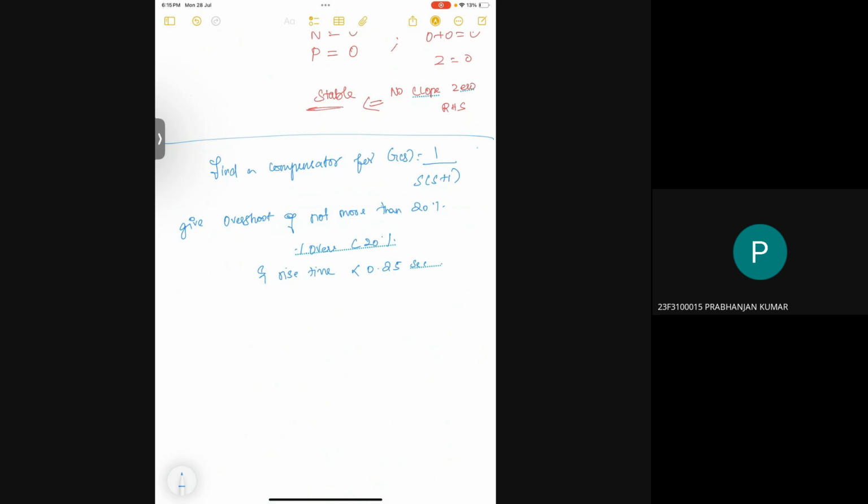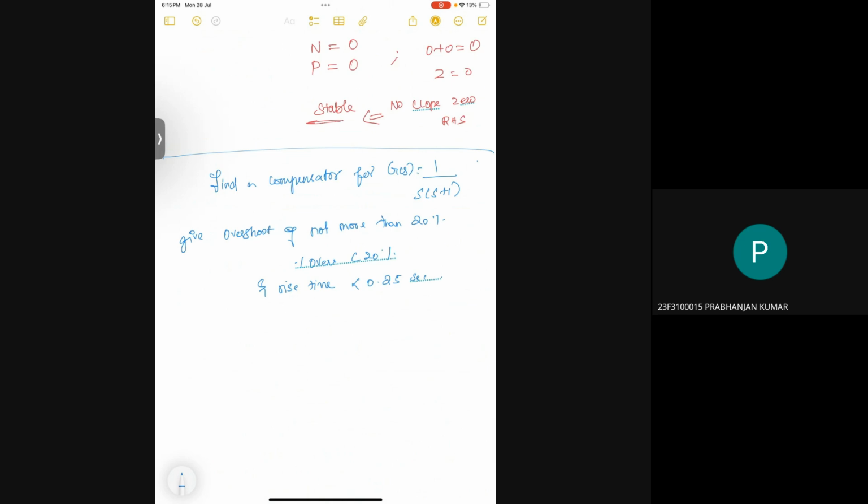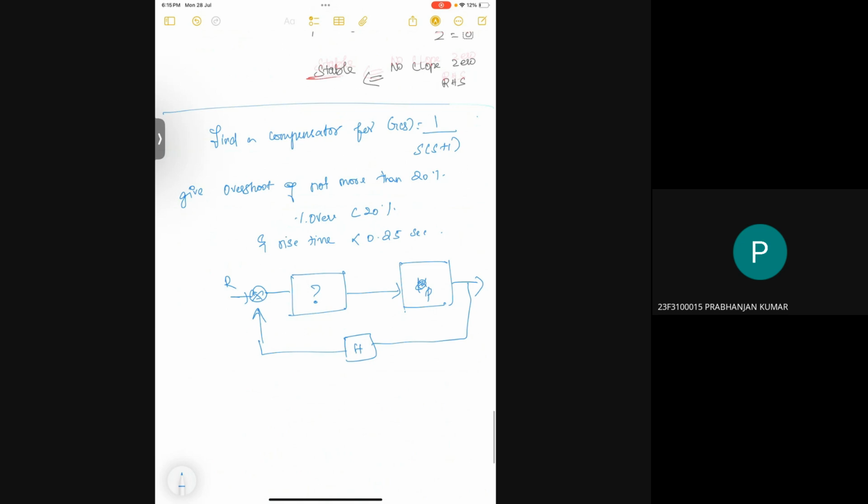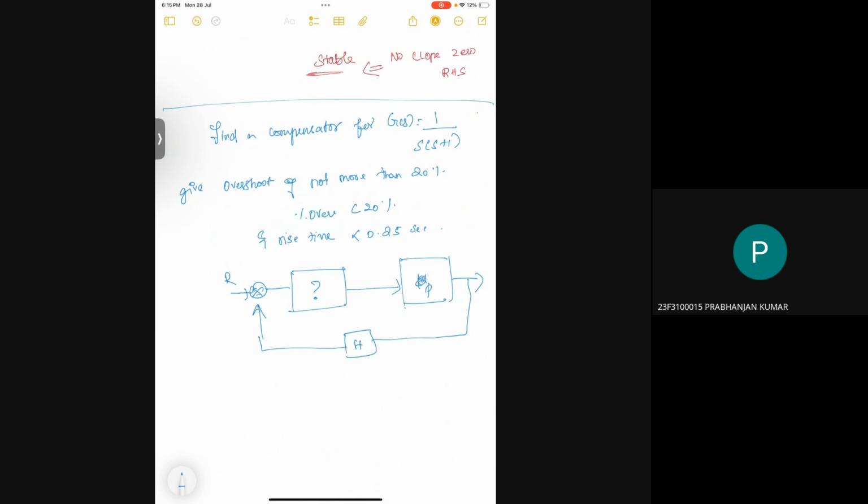So first of all, we have to design a compensator. A compensator is a kind of controller. The difference between the two is this: for example, this is a plant you want to control, this is the input, and some feedback would be there. What we are going to design here is the controller, which will give you the exact value, exactly what you want.